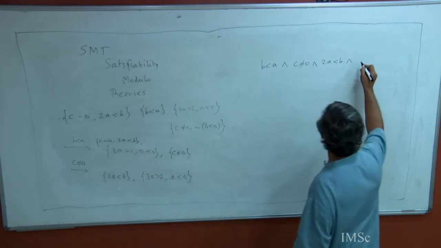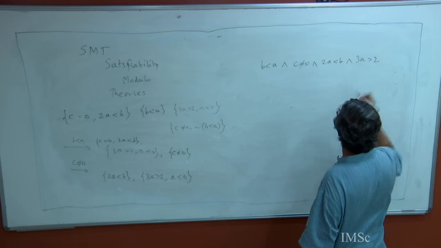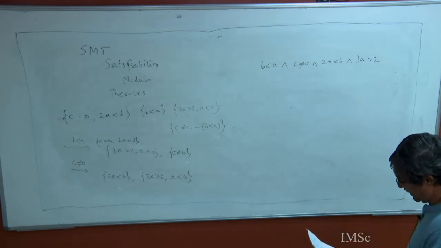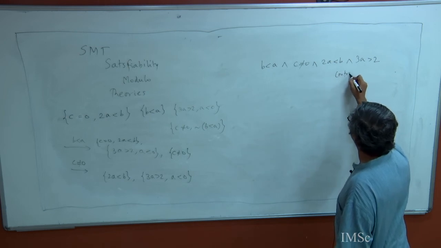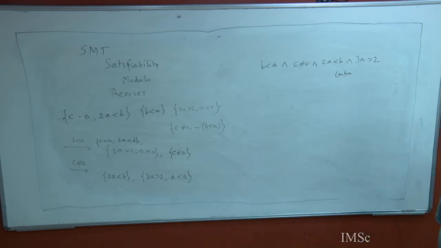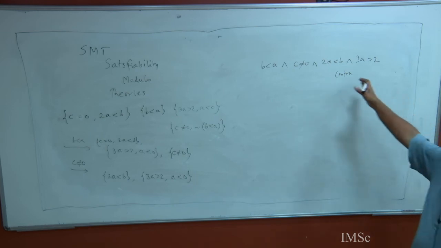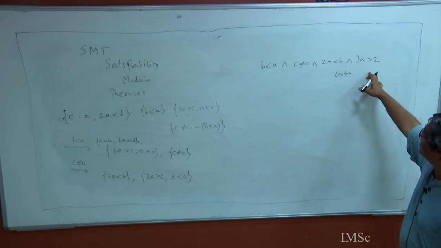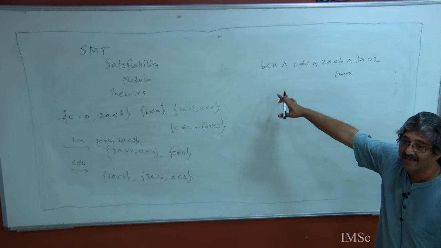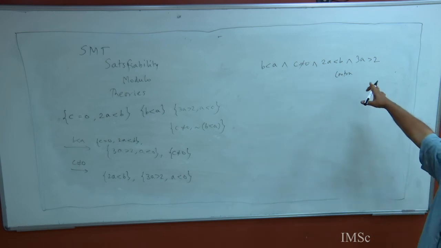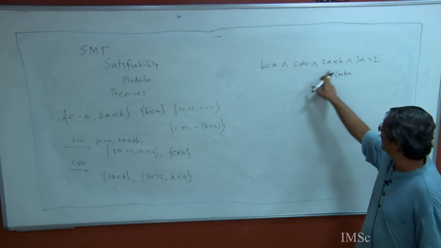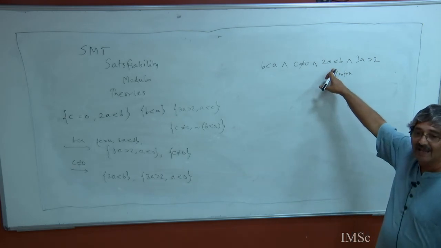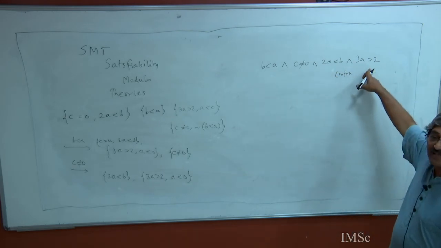Let us say it takes 3A greater than 2, and then it gets a contradiction. Now you can apply the theory and say that you can't have 2A less than B and 3A greater than 2 and B less than A, right? You just propagate that because you get 2A is less than B and B is less than A, therefore 2A is less than A. If 2A is less than A, you can't have 3A greater than 2.